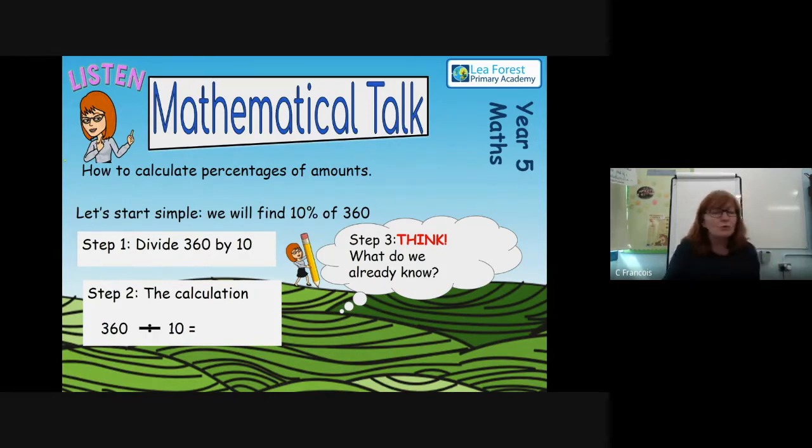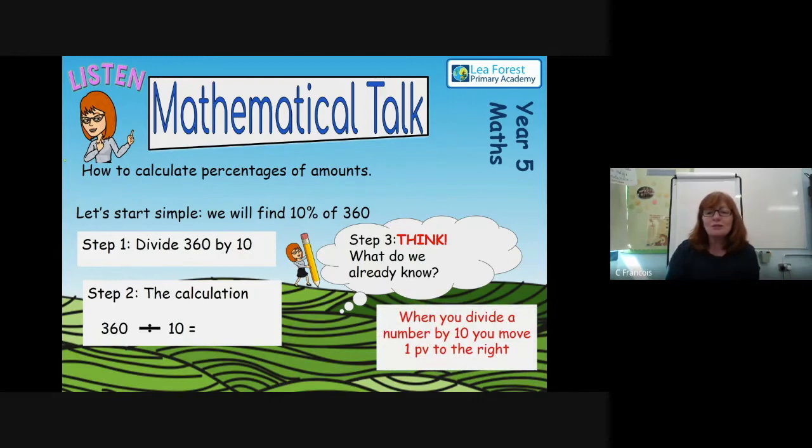And Cole, yep, we move one place value to the right. So thank you for your answers there, guys. I think we might have to try and revisit that in our over to you session. When you divide a number by 10, you move one place value to the right.